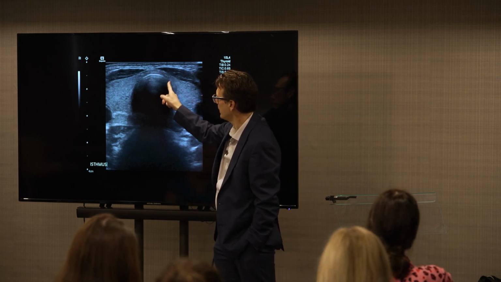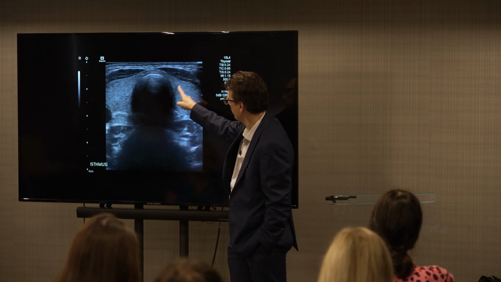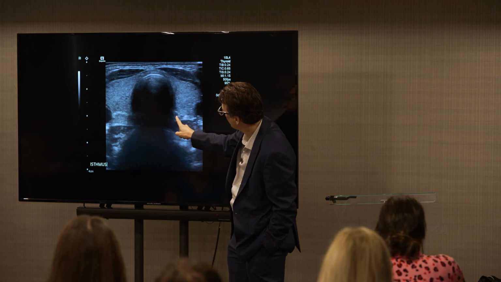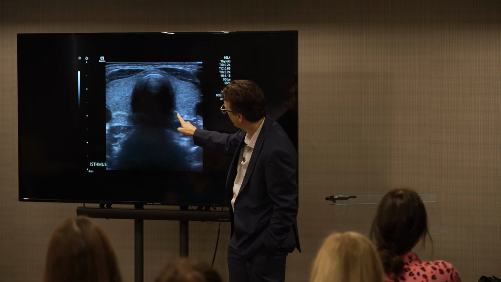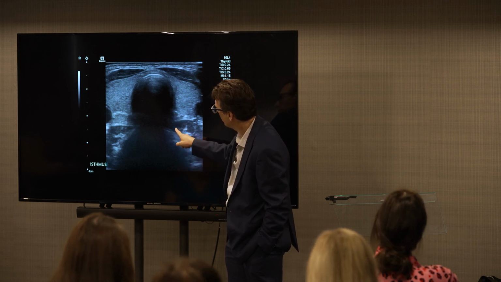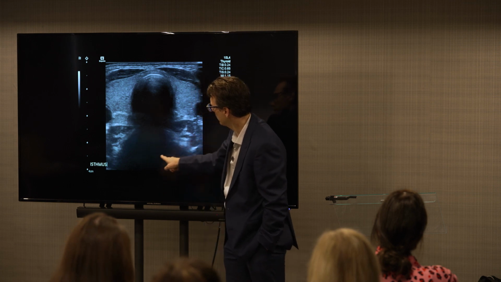Take one of the isthmus, and on this side you can also see the majority of the thyroid lobes. You can see a bit of a ring here. This is the esophagus, and then you've got the longus colli muscles at the back here, and this is the vertebral body.